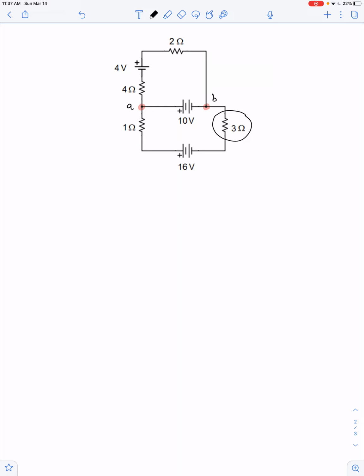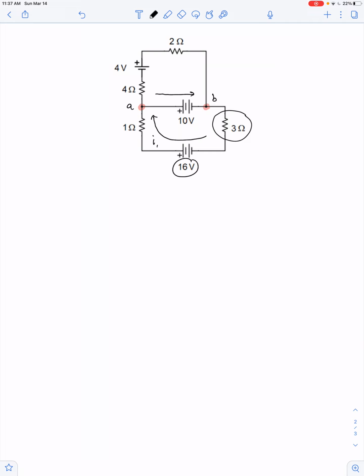Okay, I'm going to guess that there's a current flowing into junction A through the 16-volt battery, and I'll call that I1. Then I'm going to guess that there's a current going this way from A to B across the 10-volt battery.